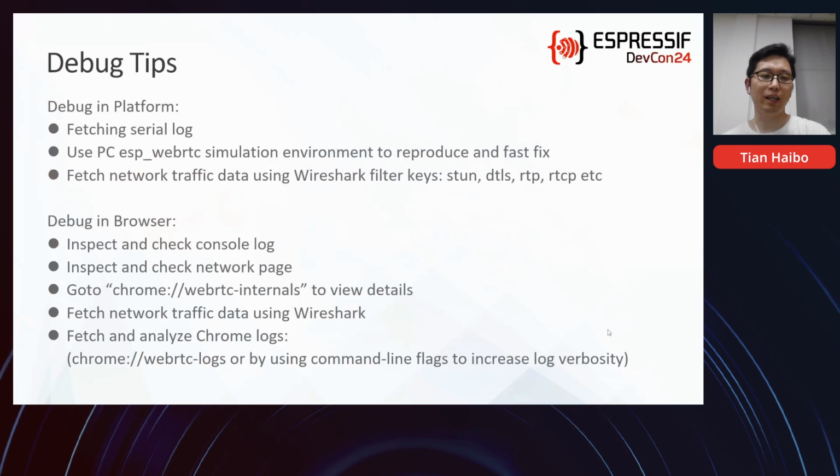Browsers also provide special debug pages for WebRTC. For Chrome, it is WebRTC internals. You can see the connection build-up details and the media data transfer details. Also, you can fetch network traffic data as mentioned on the platform.